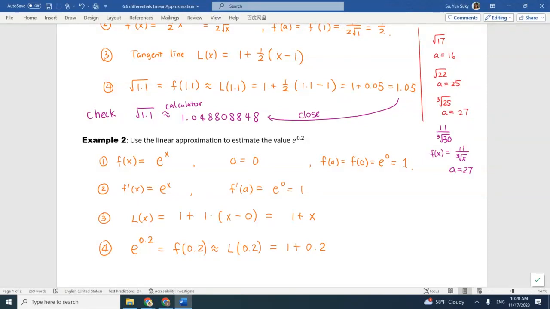No, if you get something like this, is this a linear function? No. So the slope should be a number, not a function. You end up getting the tangent line. It's really a line. It's not like other nonlinear functions. So these are some common mistakes.